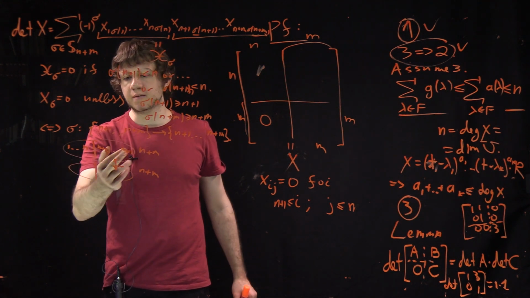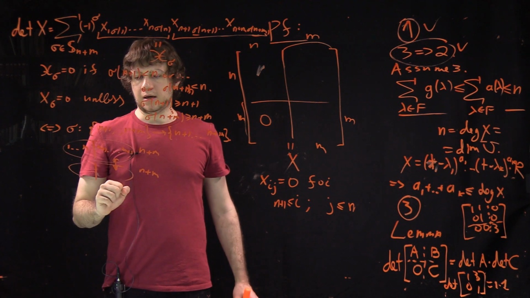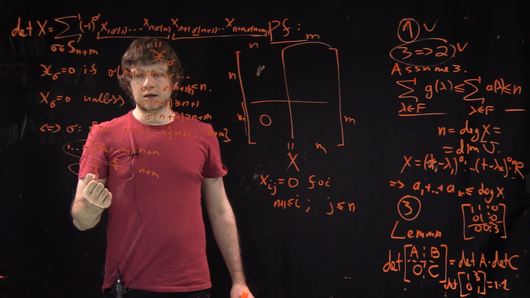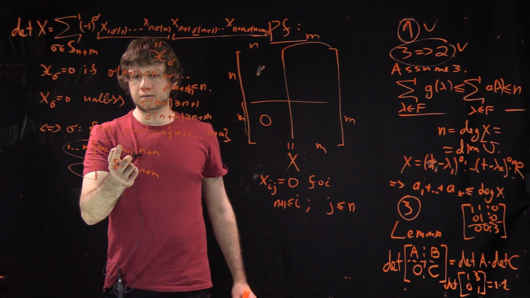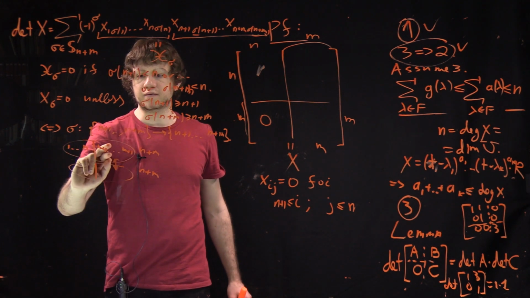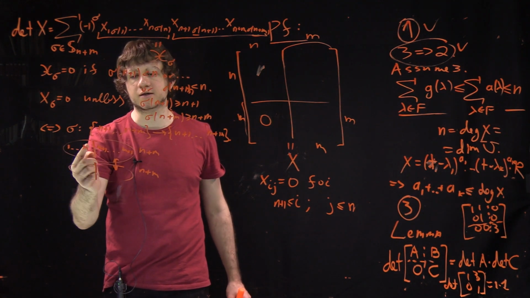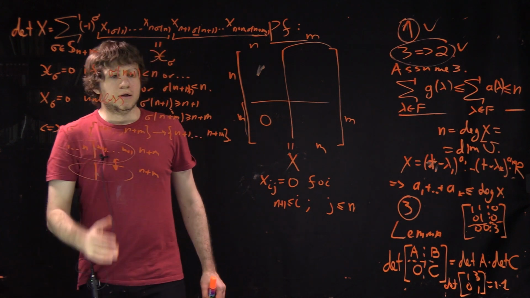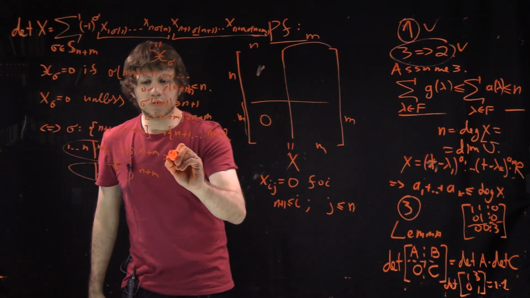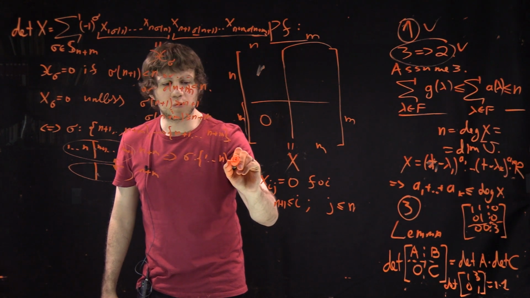Then, since sigma is a bijection, this is just a contradiction, because sigma is bijective on this subset, so it cannot send any element to the other side. So then sigma also sends 1 to n to 1 to n.